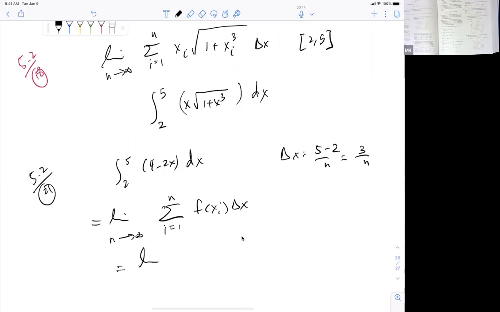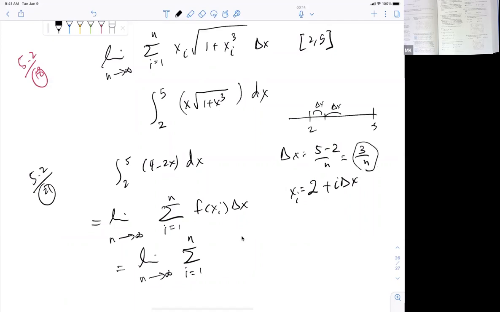This is again the right endpoint approximation, writing the limit of the sum based on that. xi is going to be the initial value, which is 2, plus i delta x. So if this is 2, this is 5, and each time you add the delta x to it.